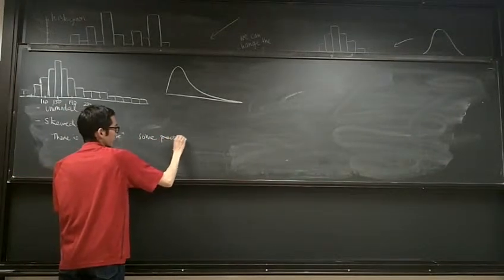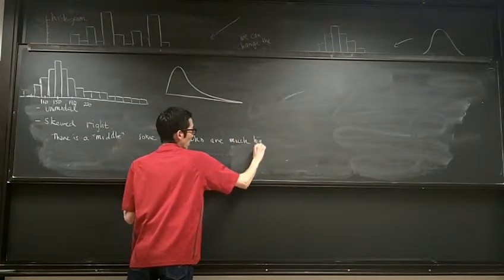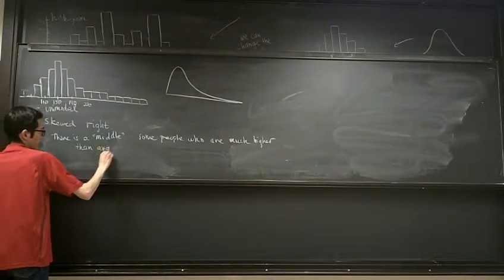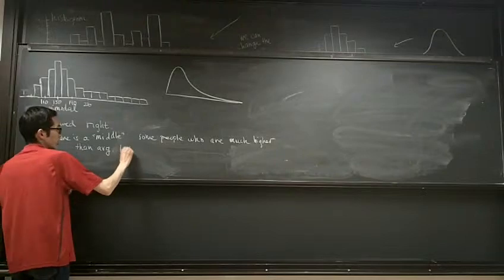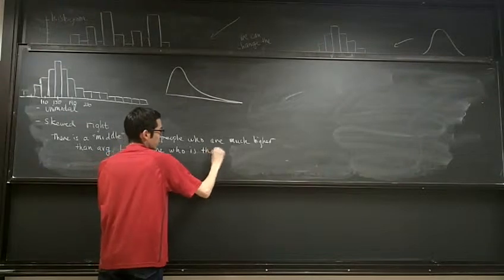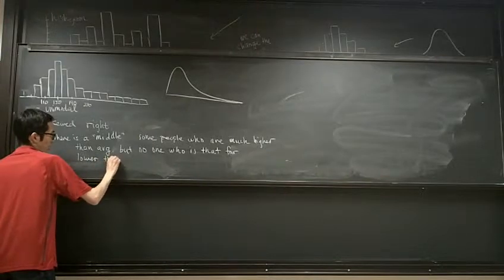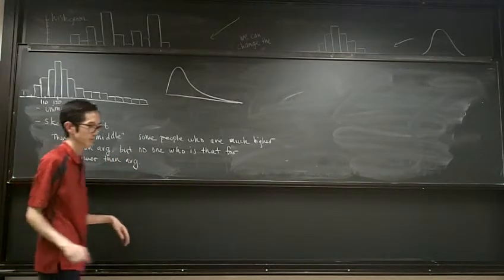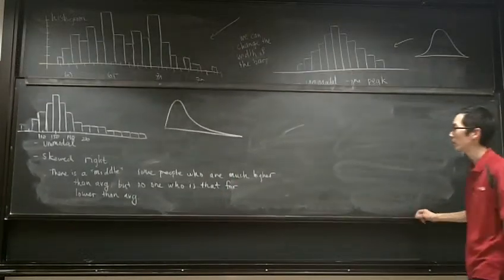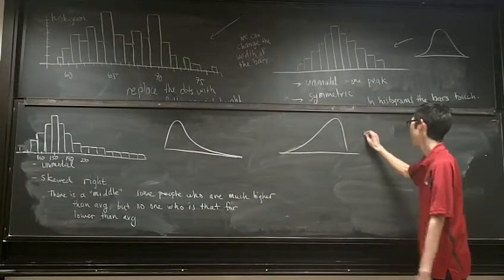Some people who are much higher than average or middle, but no one who is that far lower than average. Okay. Is that okay? So that's skewed right. And so, what do you think this is called? Skewed left. Skewed left.